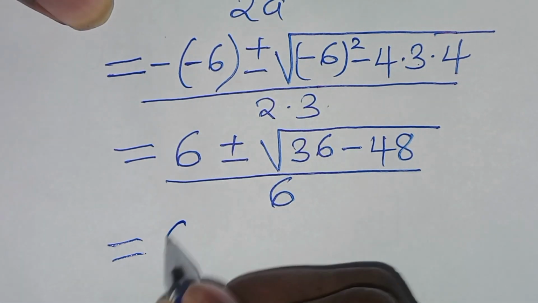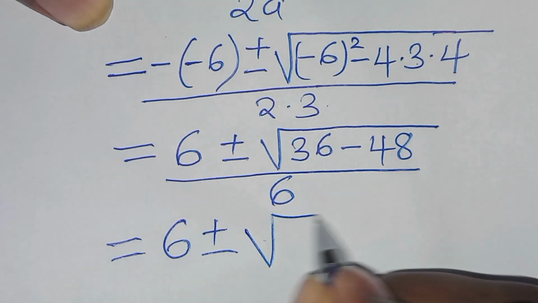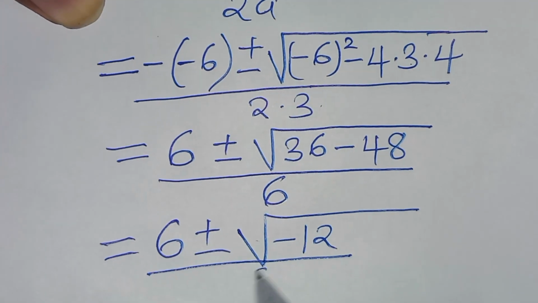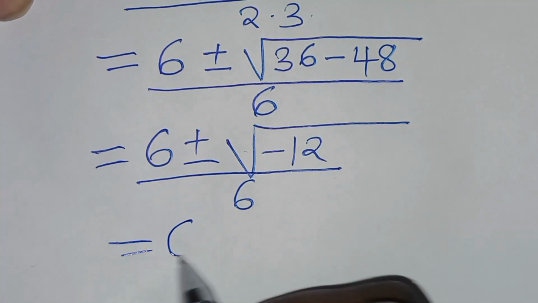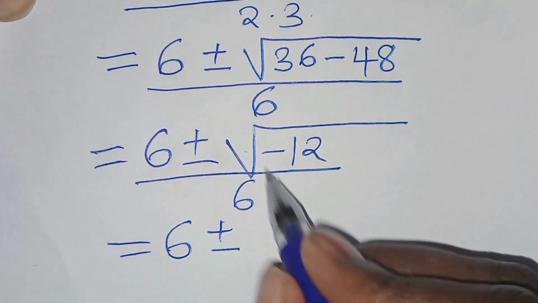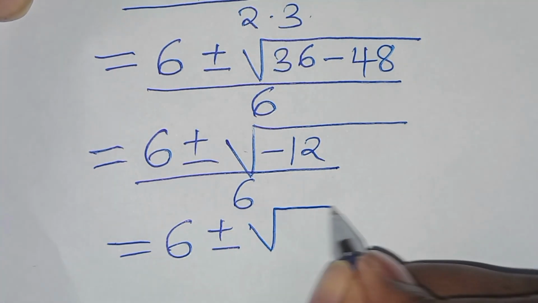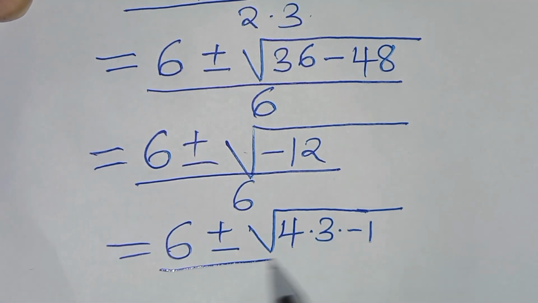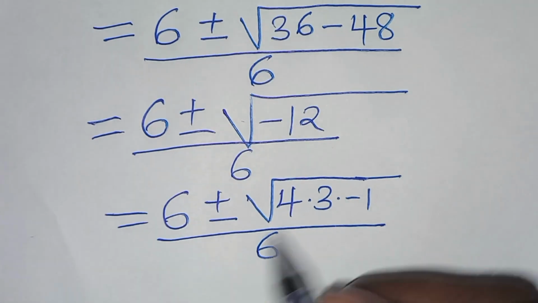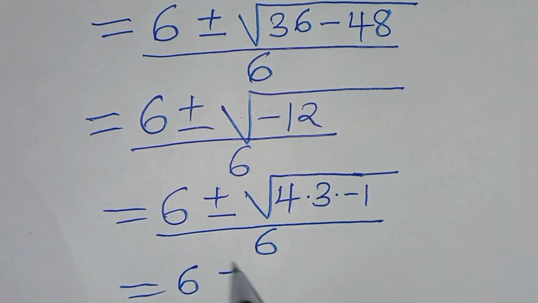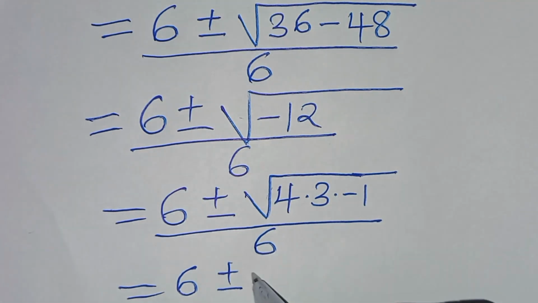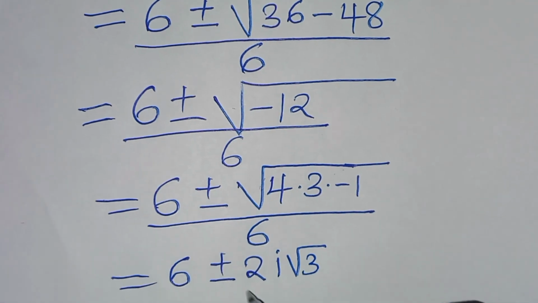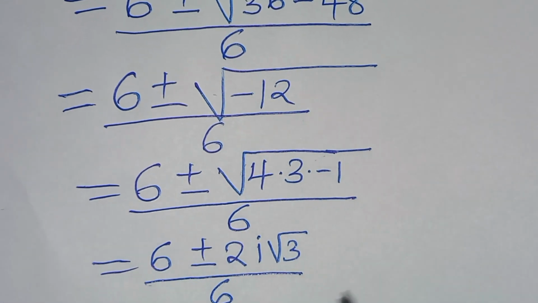Therefore here we have 6 plus or minus the square root of 36 minus 48, this is minus 12, over 6. Now here we have 6 plus or minus, we can express the square root of minus 12 as 4 times 3 times minus 1, everything here divided by 6. Now here we have 6 plus or minus the square root of 4, this is 2, the square root of minus 1, this is i, then square root of 3, everything here divided by 6.